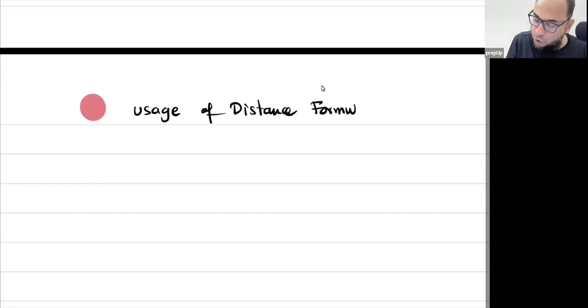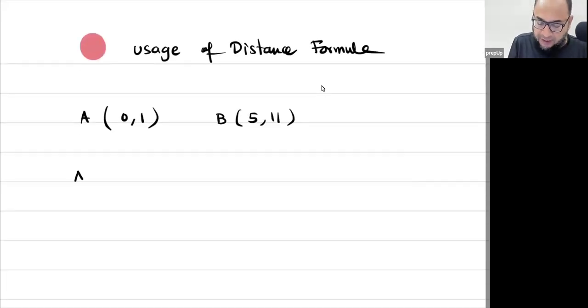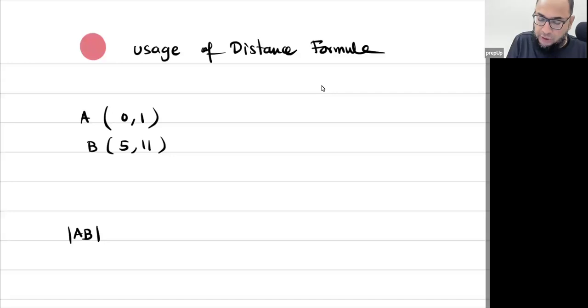So if I use the distance formula, let me write a point A, which is 0, 1. Let me write a point B, which is 5, 11. I need to find the distance AB, magnitude of the line segment, distance between 2 points. So it's a good idea that I write it underneath it so that I can have a feel of what is the direction in which I'm doing the subtraction.